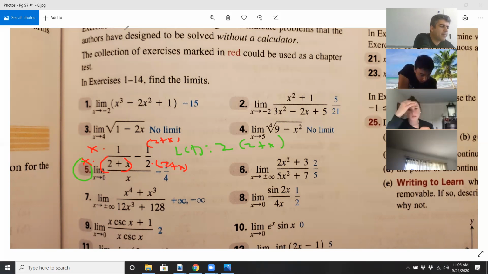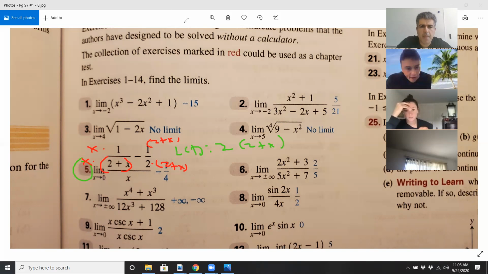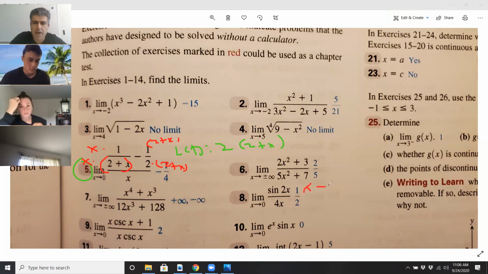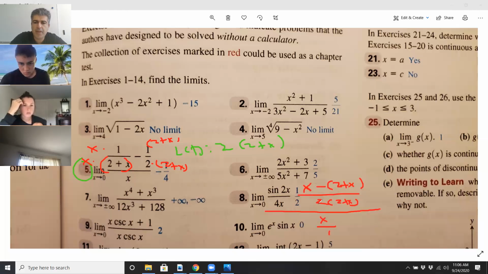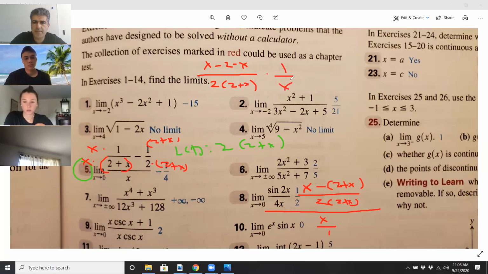So if I clean this up, you'll have x minus parentheses 2 plus x all over 2 times 2 plus x, and the whole thing over x, or over x over 1. Now, if we work all this out, that's x minus 2 minus x times 1 over x.